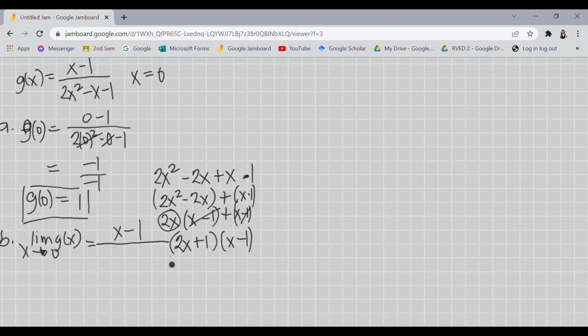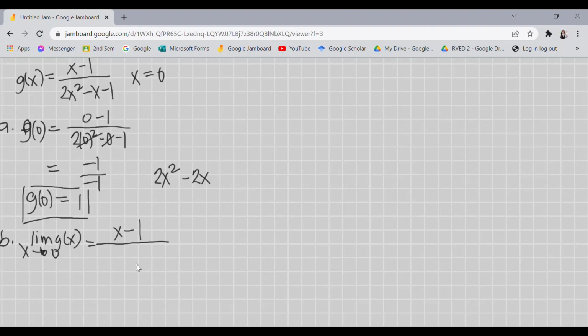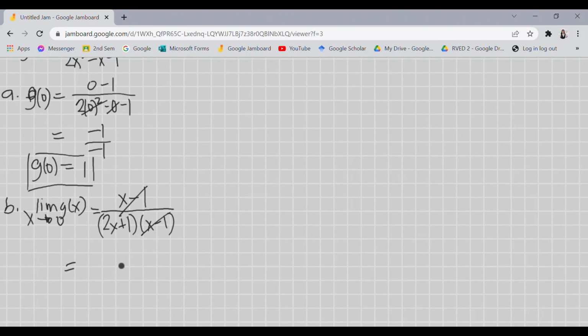So, that is what we call factoring by grouping. So, the factors of 2x squared minus x minus 1 will be 2x plus 1 times x minus 1. Okay? So, lagay natin siya dito. Okay. And then, magka-cancel na tayo ng x minus 1. We'll be left with 1 over 2x plus 1.